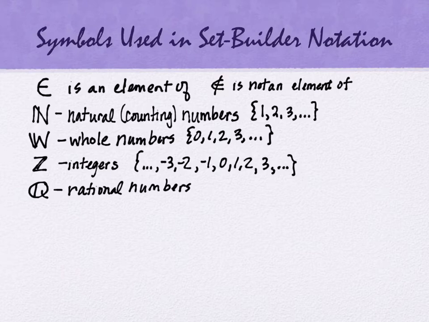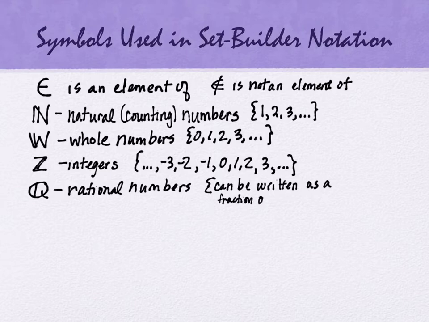And there's not a good way to write this down in a listing method. There's not even a great way to write it down in a set builder notation method. So what I'm going to do is I'm going to put a curly brace and I'm going to put just a description inside. And the description is that it can be written as a fraction of integers.